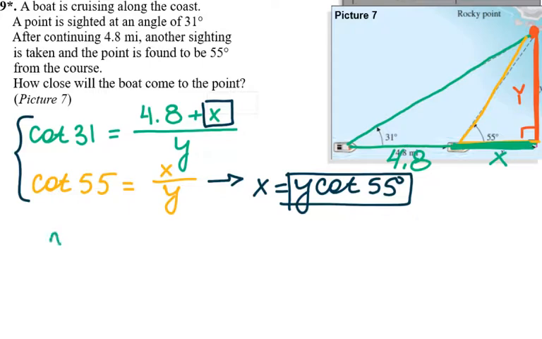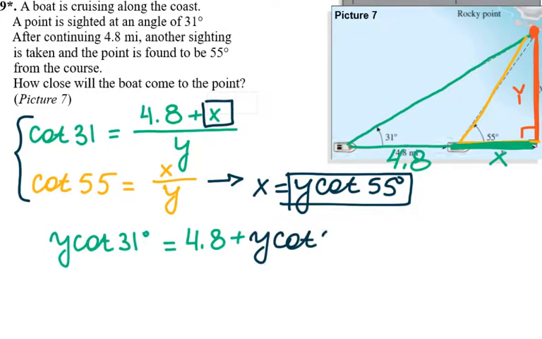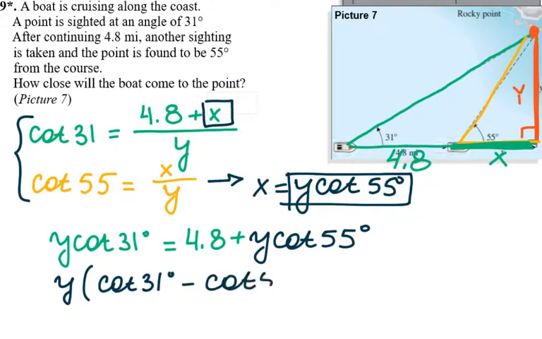So I have y cotangent 31 degrees is equal to 4.8 plus, and instead of x, I have y cotangent of 55 degrees. Then I'm going to subtract y cotangent 55 from both sides. So I will have y, and I'm going to factor out y. So I have y times cotangent of 31 degrees minus cotangent of 55 degrees is equal to 4.8.